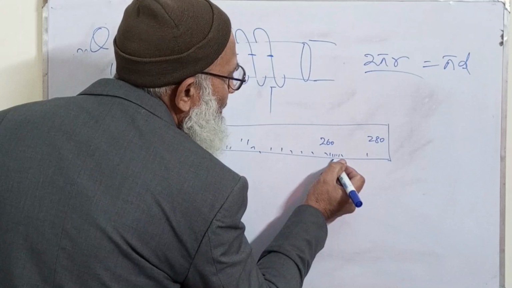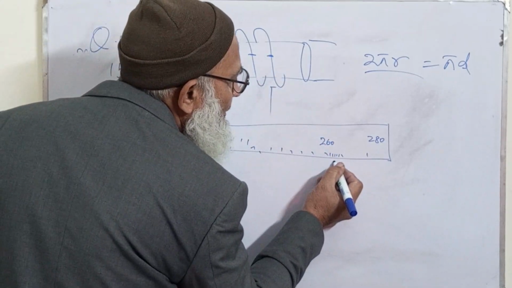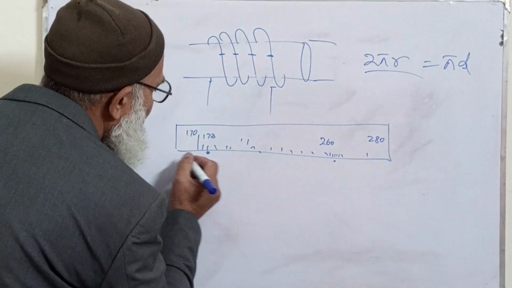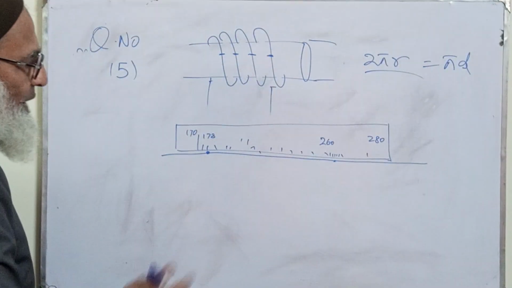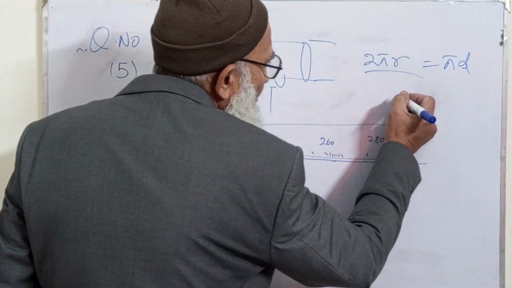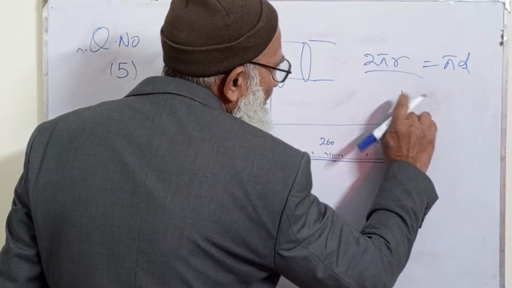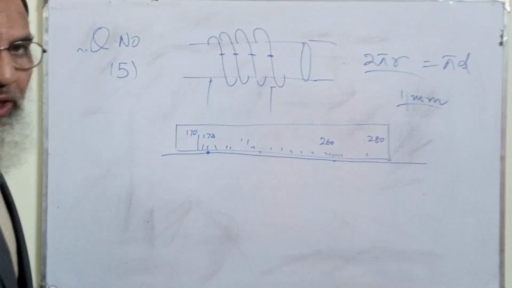Okay, now the last mark is coming over here. This is the string. Now we have to estimate, because our least count here is 1 millimeter, so we'll estimate it to the nearest 1 millimeter.